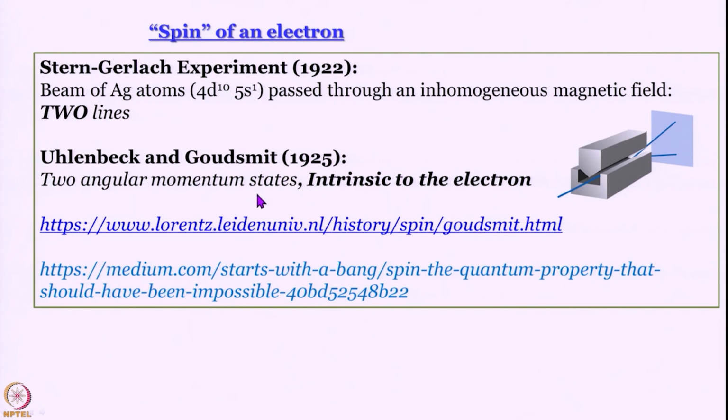So, Goudsmit and Uhlenbeck collaborated and they figured that the only way to explain these doublets, Goudsmit had this fascination for doublets, the only way they found they could explain this kind of a doublet structure is by considering what they called a 4th degree of freedom for the electron, and that 4th degree of freedom is the spin quantum number.